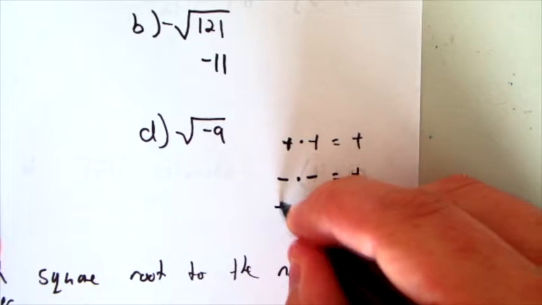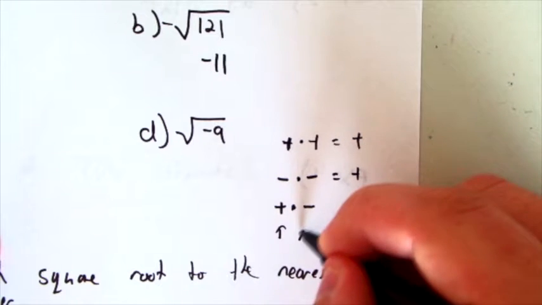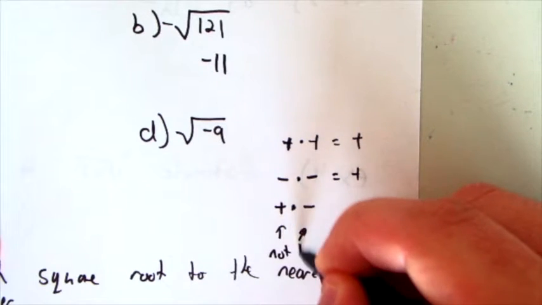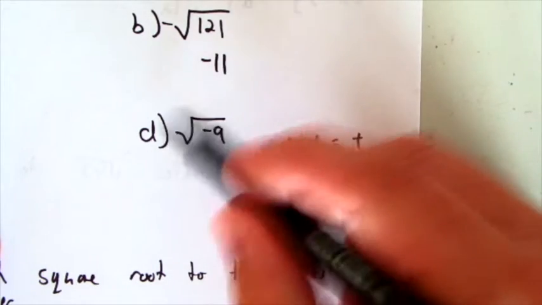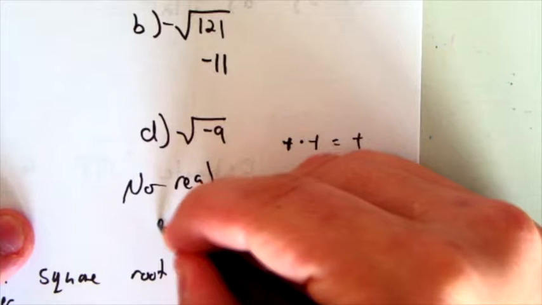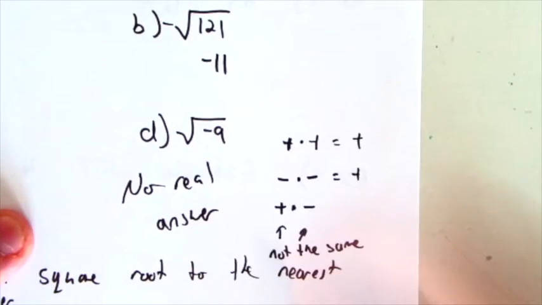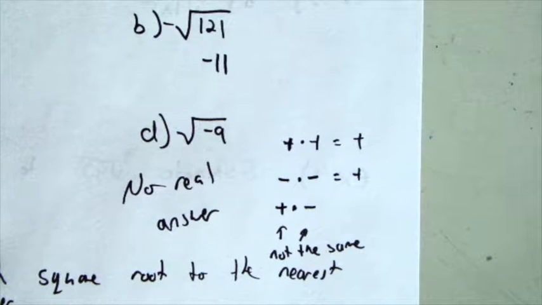The only way that I can get a negative is if I do positive times negative, and these two aren't the same. Which means that letter D would be no real answer. As you progress higher in math, you will see that this one is possible, but not with the information that we have right now. It's not a real answer.